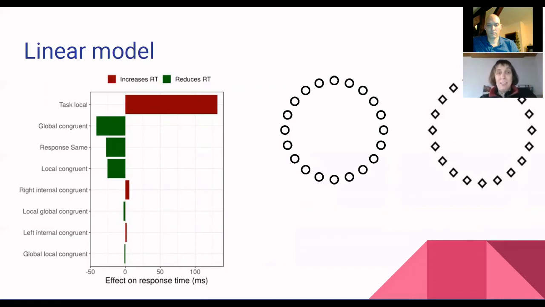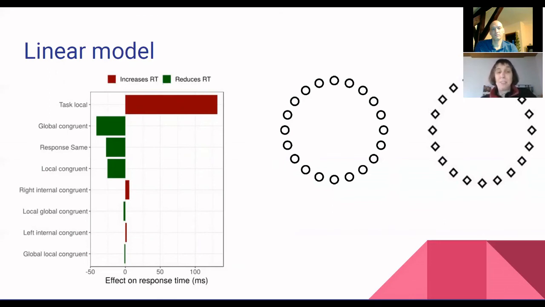On the left, you will see the results of this linear model, where we plot the size of the coefficients, that's the length of the bars, and their direction. Red is for when the factor increases reaction times, and green for when it reduces reaction times. The top 4 of these effects are all significant, and the bottom 4 are not. So we'll go through the top ones that do significantly affect reaction times.